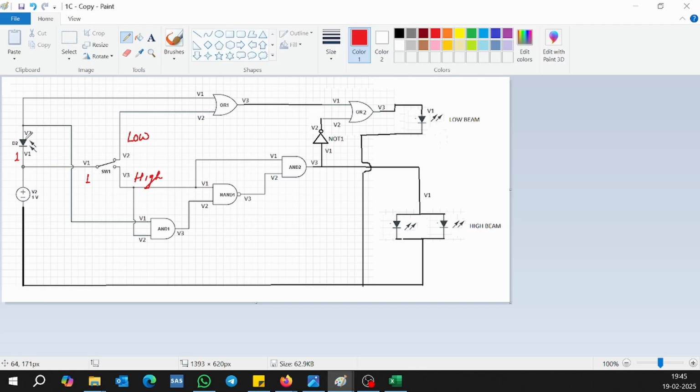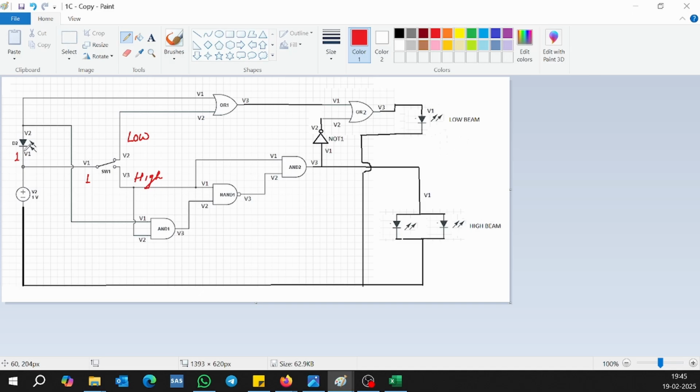You understood? So right now, let's assume, where is this light sensor placed? It is placed in such a prominent area where, if there is an opposite vehicle coming, its high beam will hit you, on this sensor.